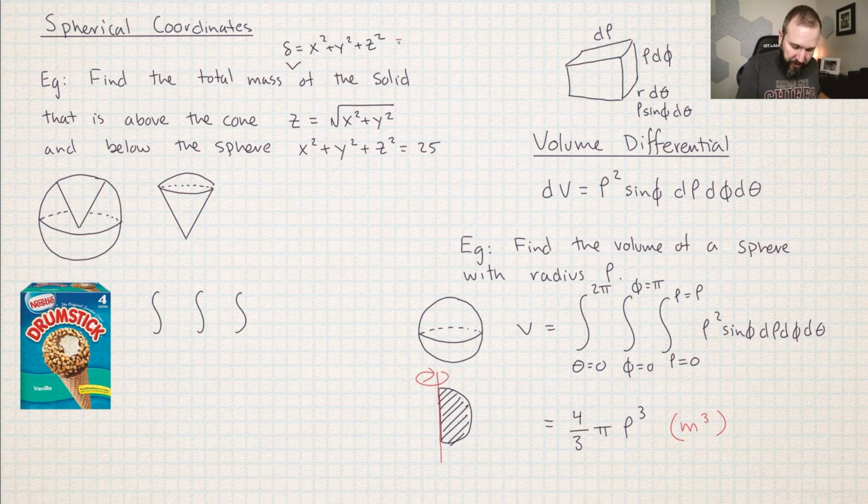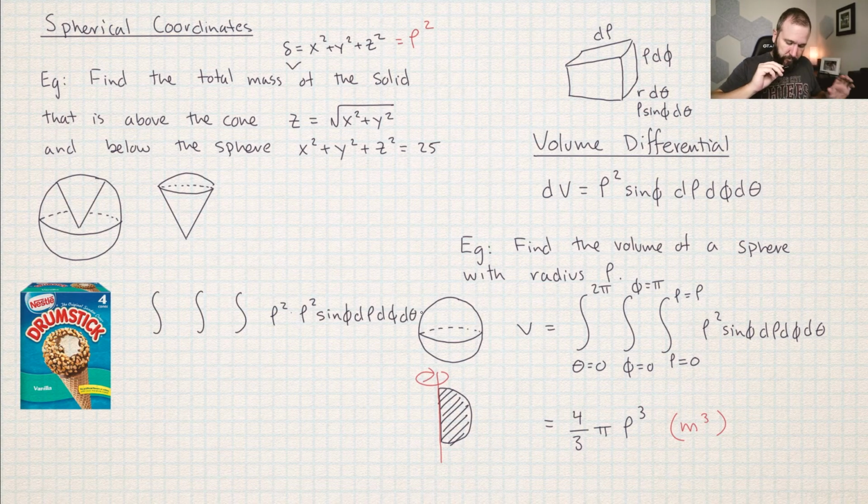So delta is going to be rho squared. Hopefully you can see that. That's obvious, right? That's just the distance from the origin out to a point. So the density here is rho squared, and then I've got to put this volume differential at the end. So there's another rho squared sine phi d rho d phi d theta there.